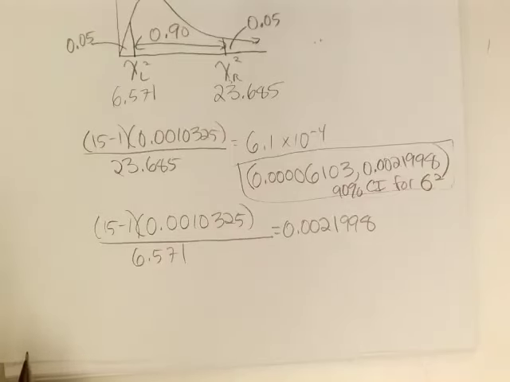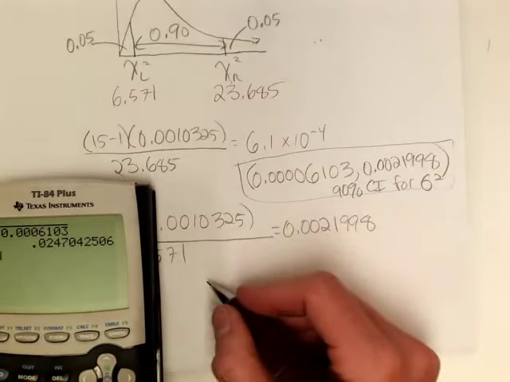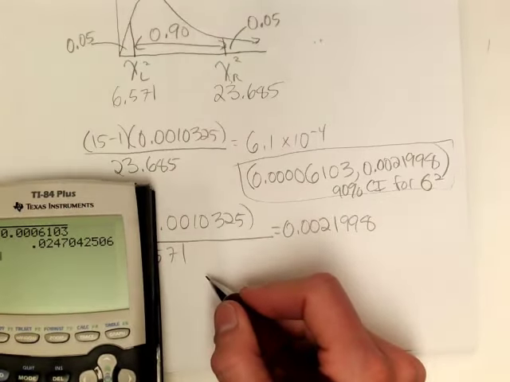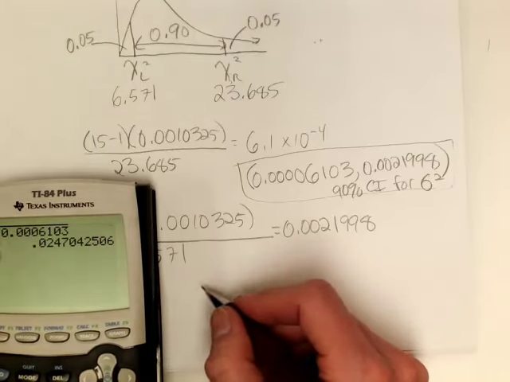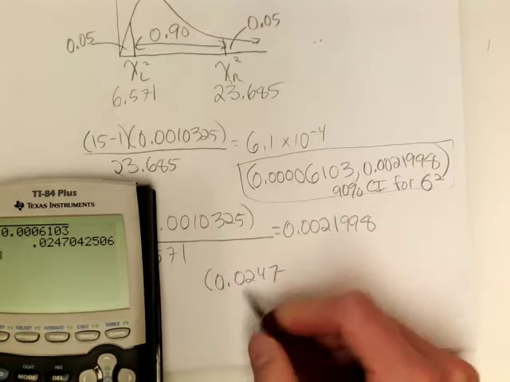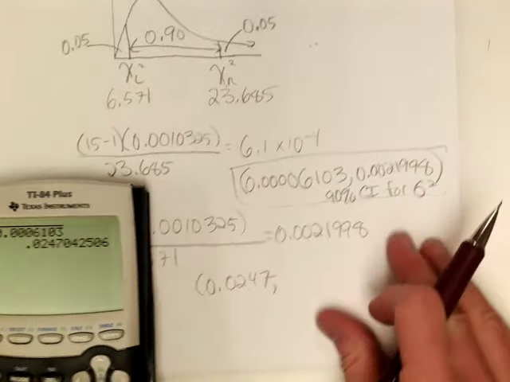Oops, sorry. I'm not having a good time with technology today. Okay, so I get taking the square root of this, and again I've rounded here, so this standard deviation endpoint might be a smidge off. I have 0.0247 for my lower endpoint.